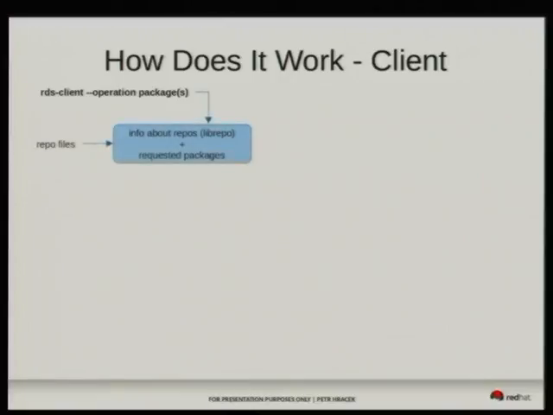Client will parse repo files. From repo files, we are getting just the URL address. And we add to this information type of operation and list of packages that you typed in a command. All of these informations are sent to server.